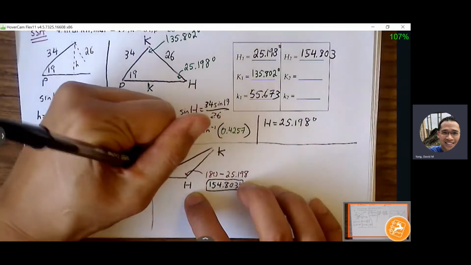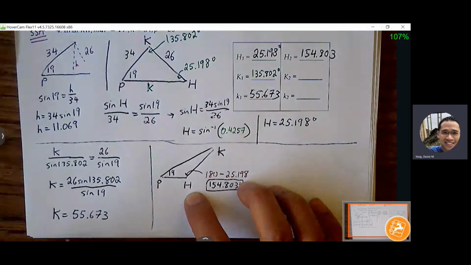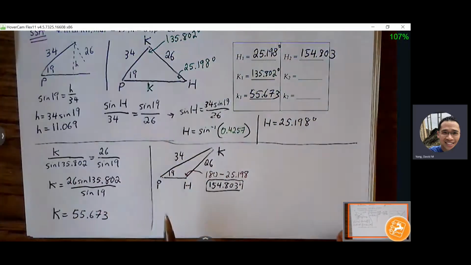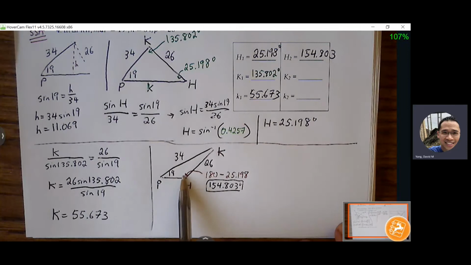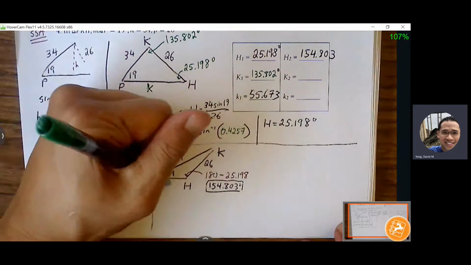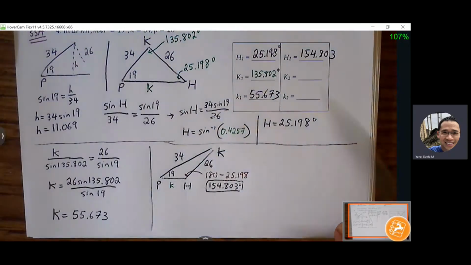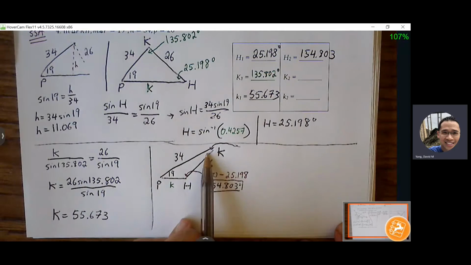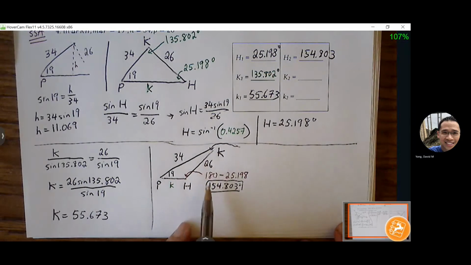Okay, so we have 19 degrees here, 34, and 26. So the nice thing about this is that you have two angles figured out already. You just have to find that third angle, and the law of sines wants to get that missing side k. Okay, so subtract from 180.